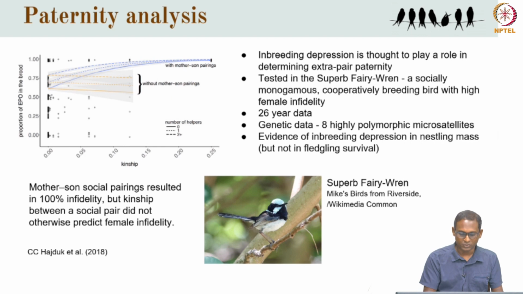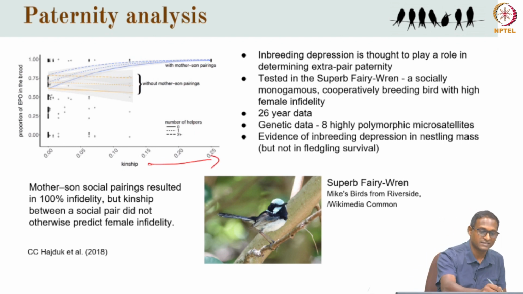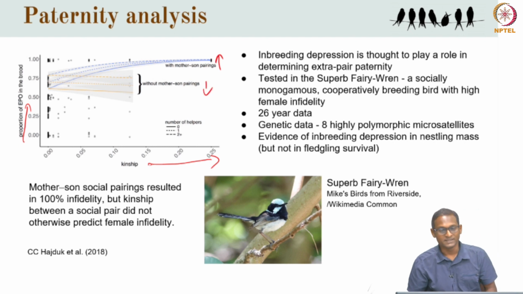So, the way to read this graph is that kinship among the parents, as you are more and more related to your pair, your extra pair paternity goes up. And they looked at pairs with mother-son, which is much higher than without mother-son pairings.